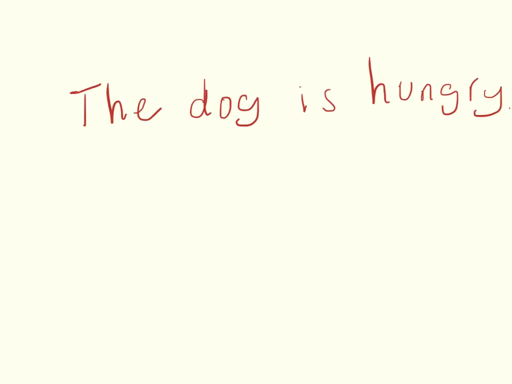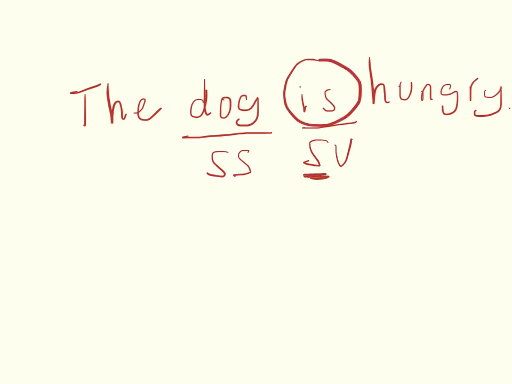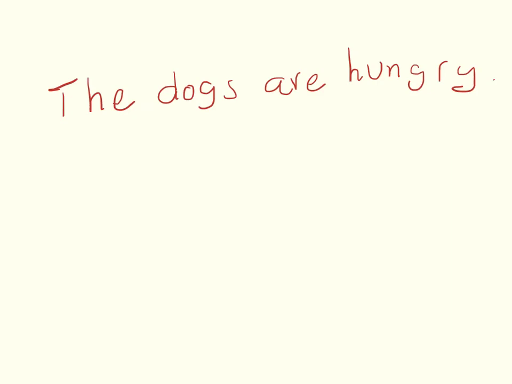So let's take a look at what those would look like in a sentence. All right, so here's an example of a sentence where the subject is singular. So it must take a singular verb. So again, singular subject must take a singular verb. And remember, is singular. Here's an example where the subject, dogs, is plural. So we have a plural subject.